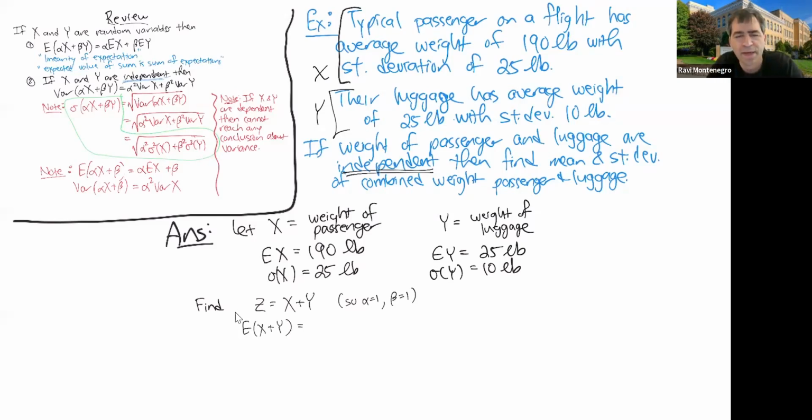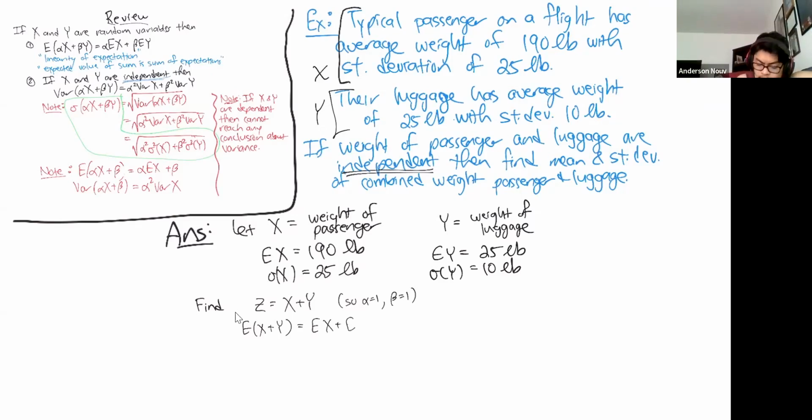So what is the expected value of that sum? Wouldn't it just be 190 plus 25? Yeah, and you were getting that answer by using the additivity of expectation.